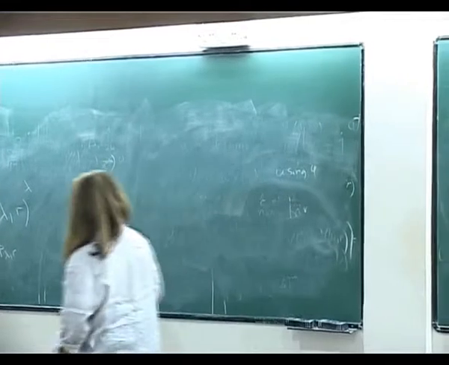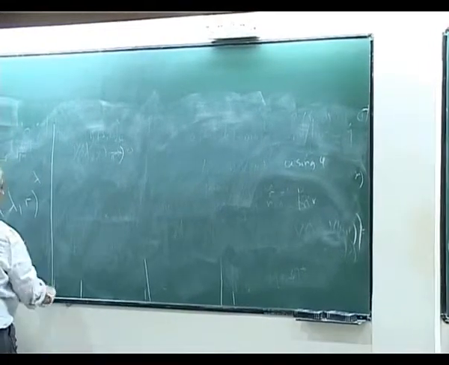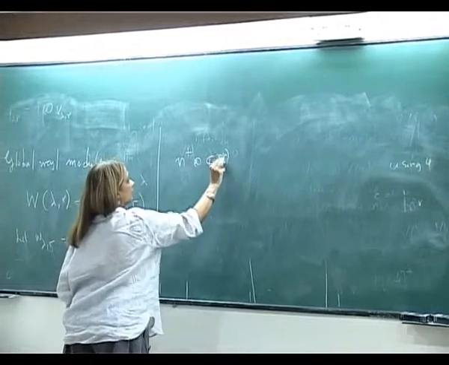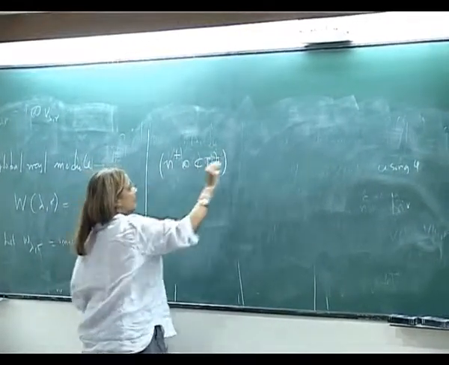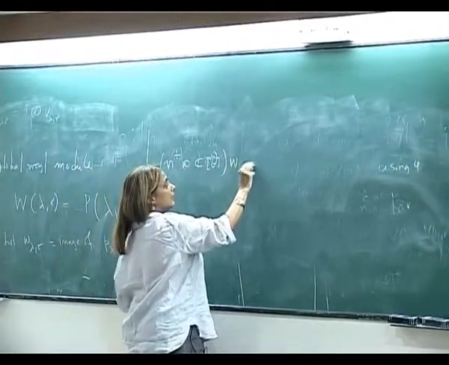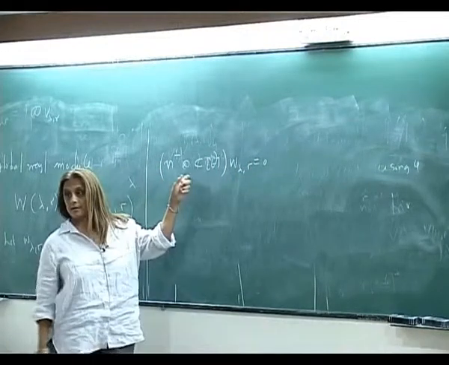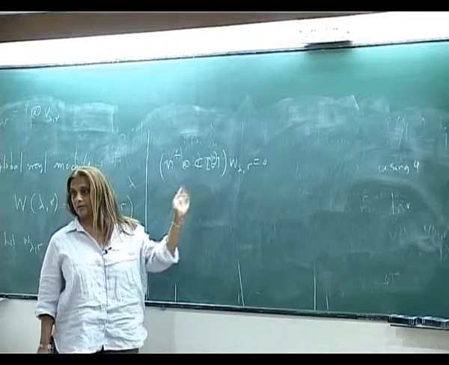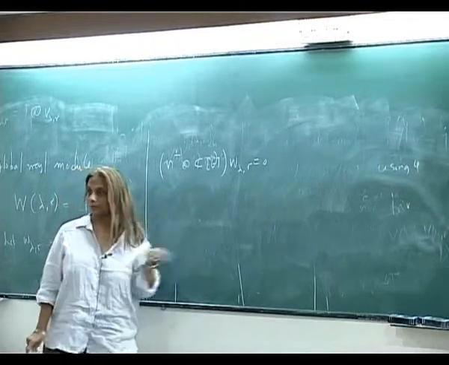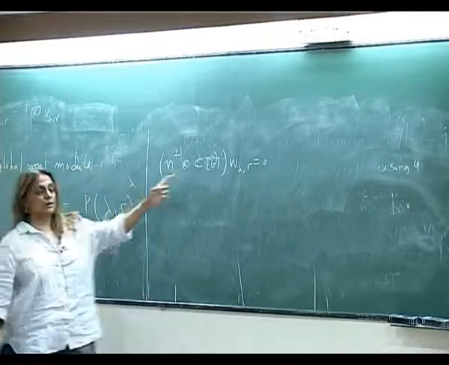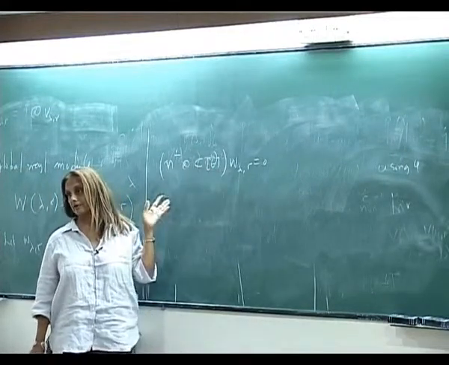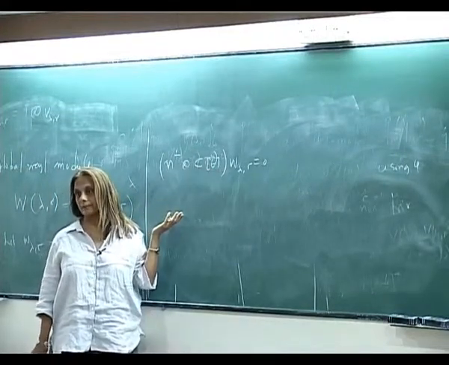An immediate consequence is that n plus tensor Ct on W lambda R is 0. We've seen this kind of condition all the time when we were doing finite dimensional modules. Now this is getting forced in this language. Why is this true? What would the weight of something over here be? It would be lambda plus some positive root, which is not less than or equal to lambda.